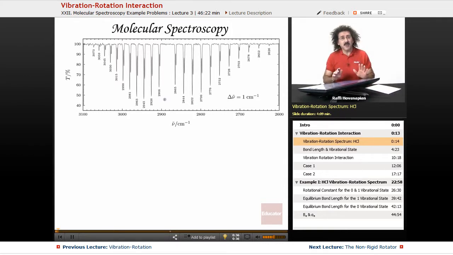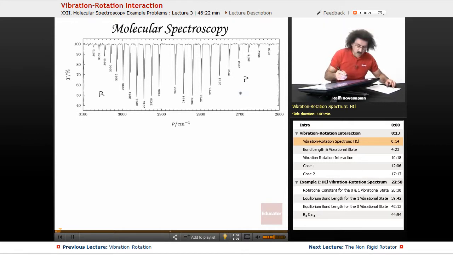The thing you want to remember though is the R branch is the one where the frequencies are increasing. The P branch is the one where the frequencies are decreasing. In this case, the frequency is increasing this way, so the R branch is over here. And this is a decreasing frequency, so the P branch is over here.